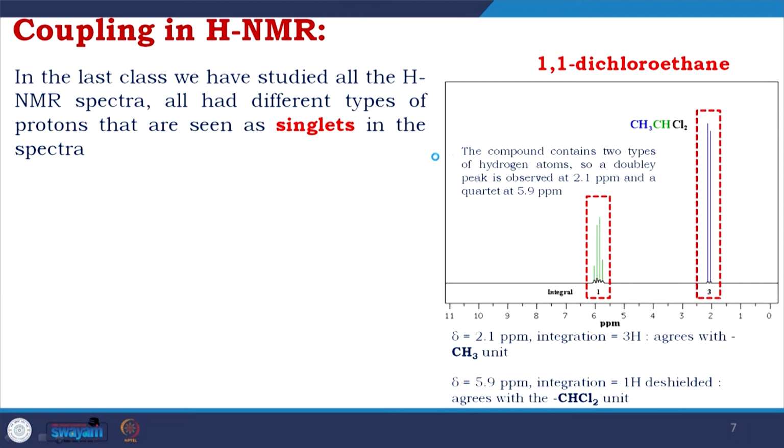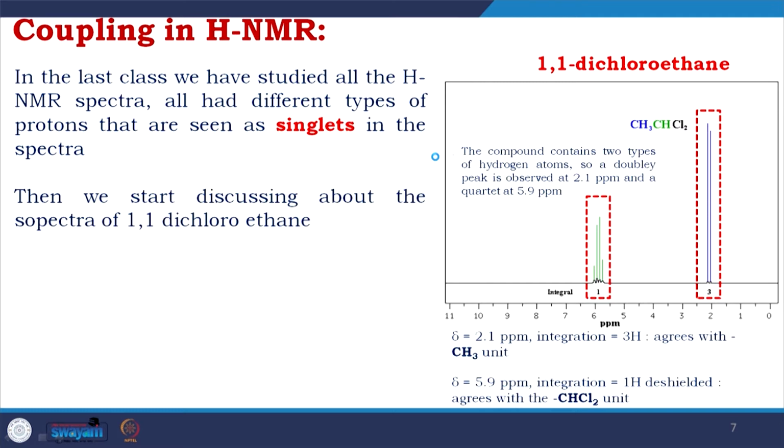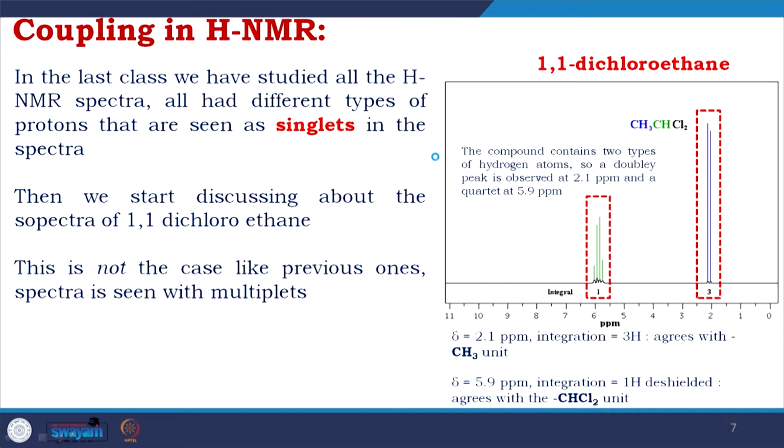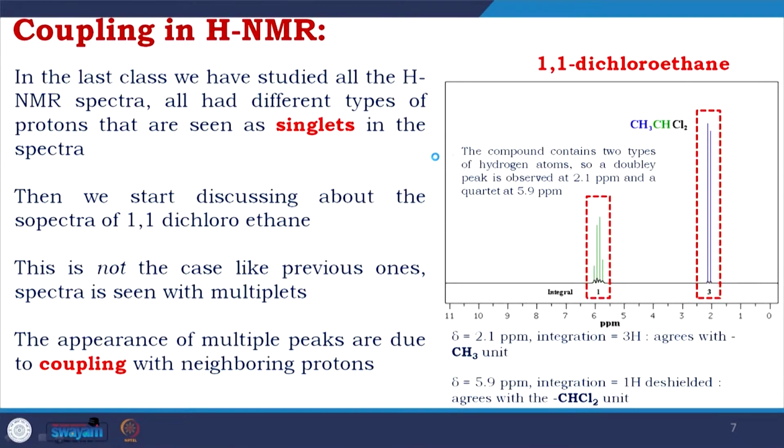Then we started discussing the spectrum of 1,1-dichloroethane. This is not the case like the previous ones; the spectrum is seen in multiplets. So, we are going to a more complex situation, from singlets of different hydrogens to multiplets. The appearance of multiple peaks is due to coupling with neighboring protons.